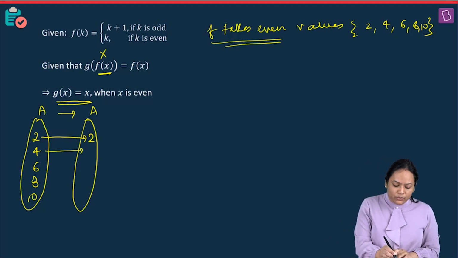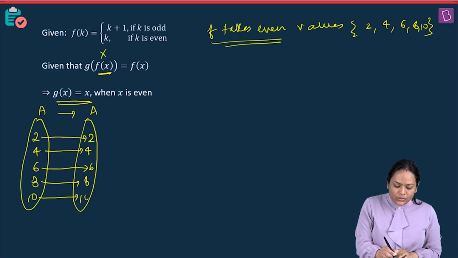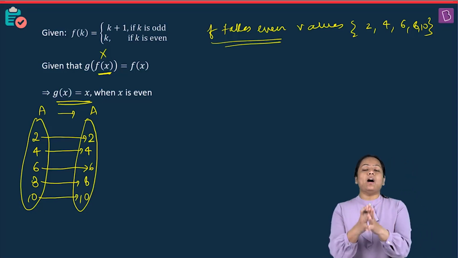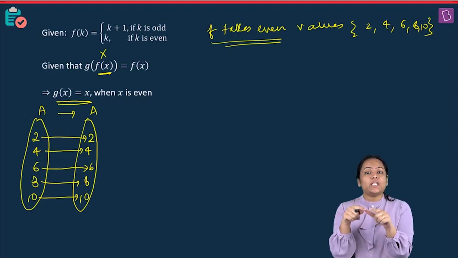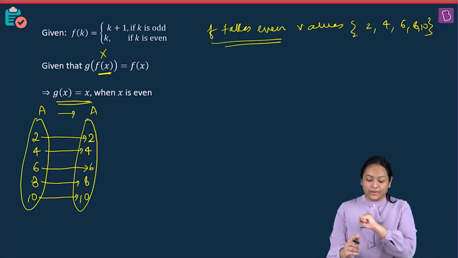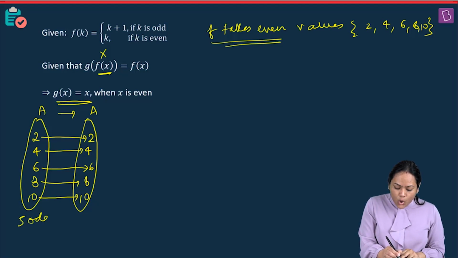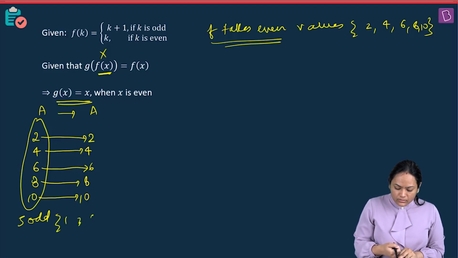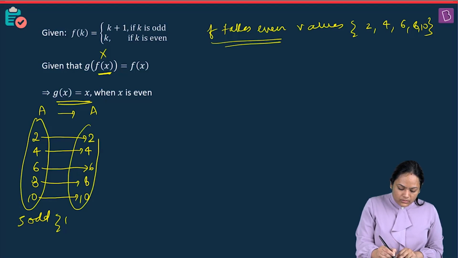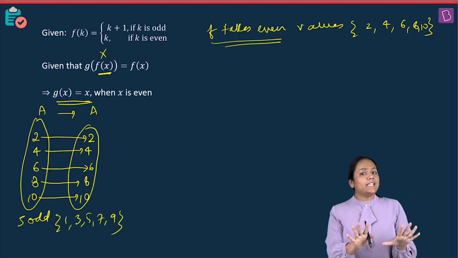So 2 maps with 2, 4 maps with 4, 6 maps with 6, 8 maps with 8 and similarly 10 maps with 10. So these are fixed. But in g, I have 5 remaining elements, the odd numbers 1, 3, 5, 7 and 9. These are still left in g.